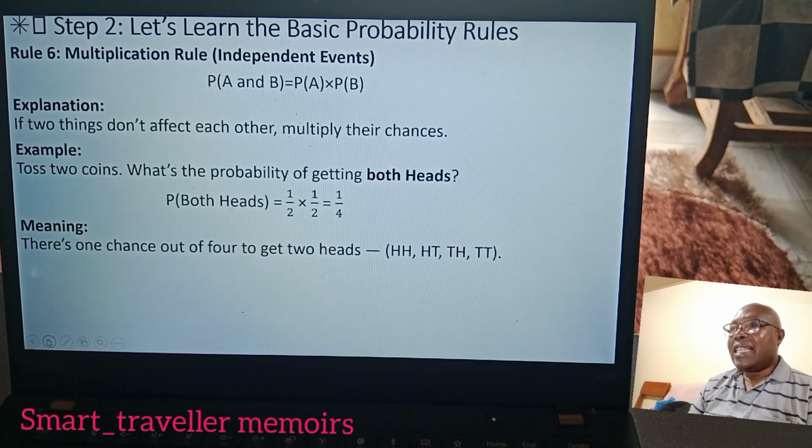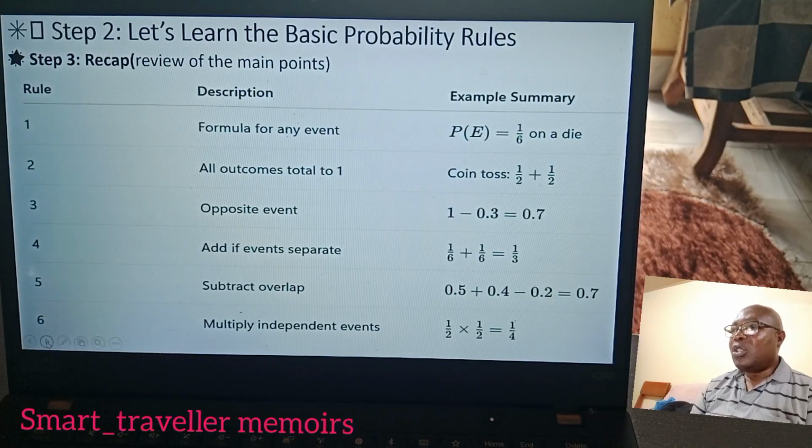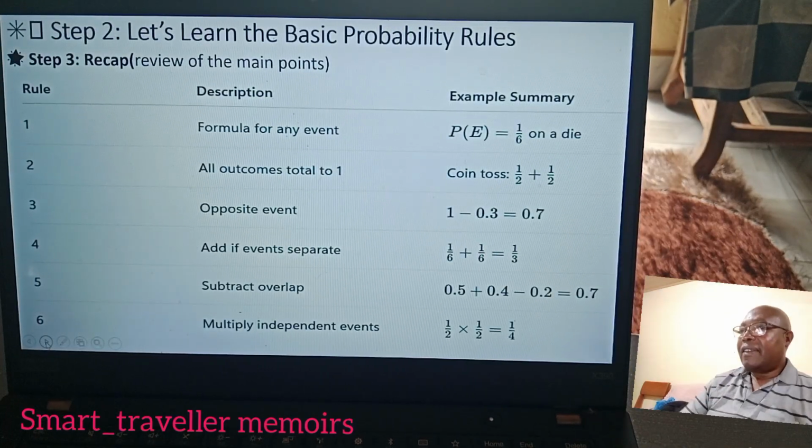Meaning there is 1 chance out of 4 to get 2 heads. That is head-head, head-tail, tail-head, and tail-tail. Okay? There is 1 chance out of 4 to get 2 heads.